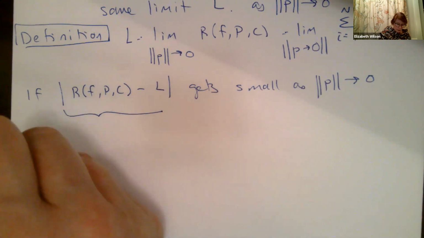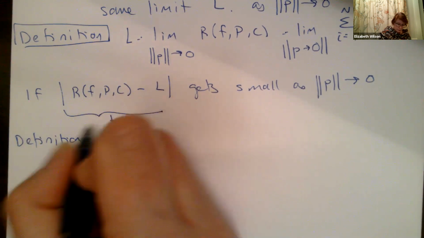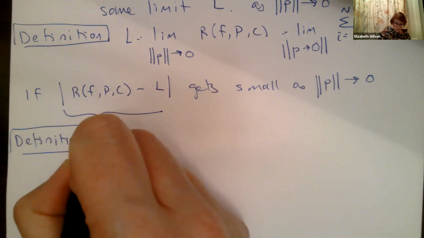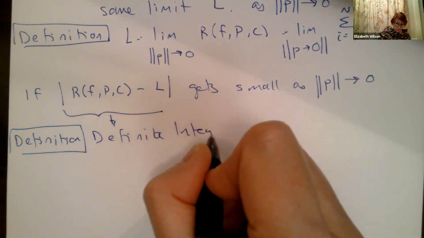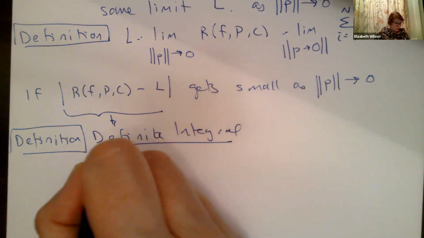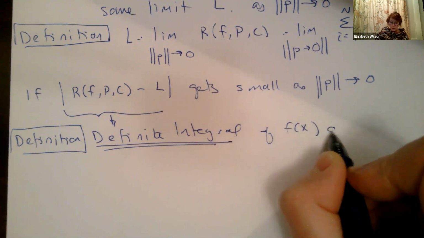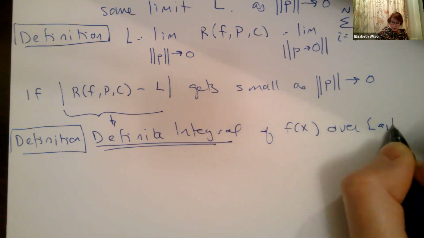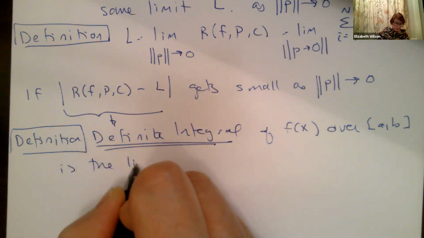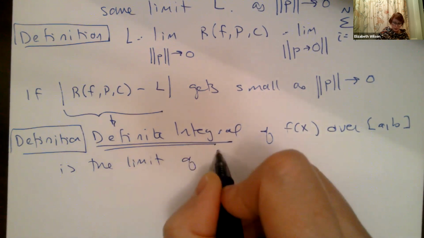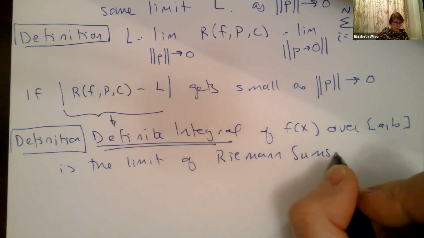So let's do another definition. Okay, so the definite integral of our function f of x over our interval a to b is the limit of our Riemann sums, right?